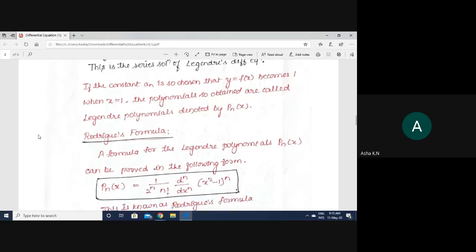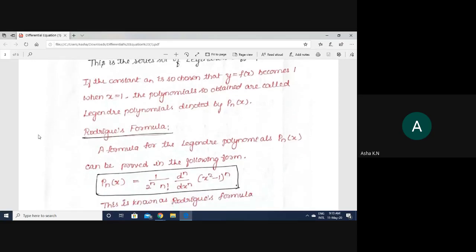Now, we choose the constant an such that y is equal to f of x becomes 1 when x is equal to 1. Such polynomials, an into something, together form a polynomial.